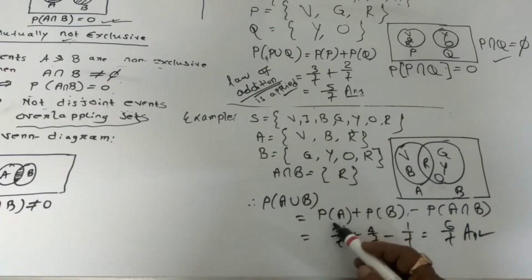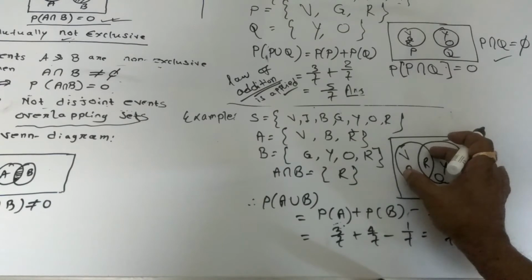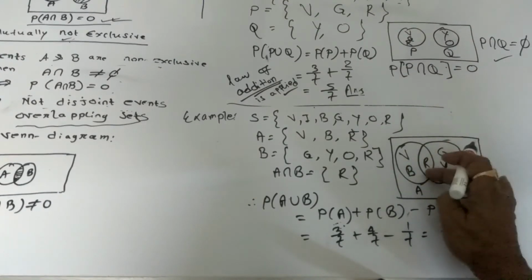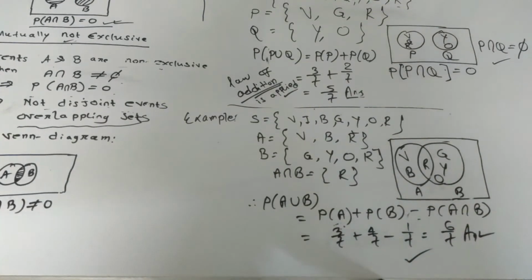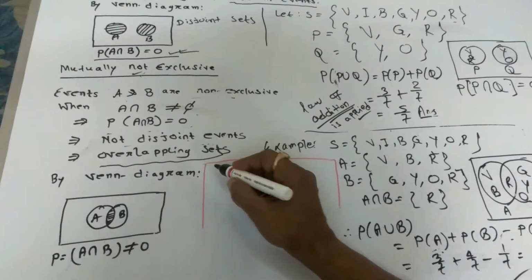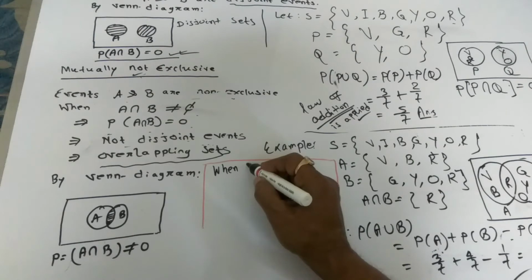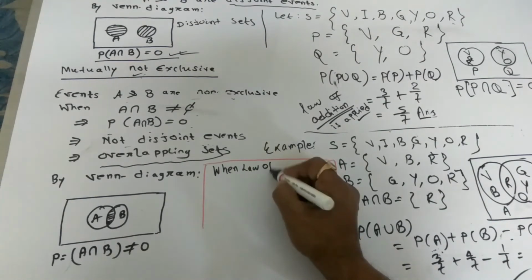One most important thing: one case is not overlapping, that is disjoint, and the second is not disjoint. Keep in mind the case when the intersection is 0. And an important part: always remember when to use the law of addition.